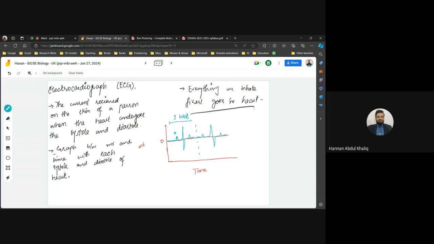We name or label each graph peak with different alphabets. This peak is called P, then Q, R, and S, and the last curve is T. Now, what is the meaning of all these labels? Remember, P is the current during the atrial systole. The QRS is the current you are receiving during the ventricular systole.